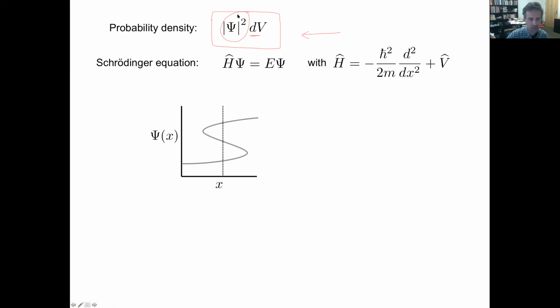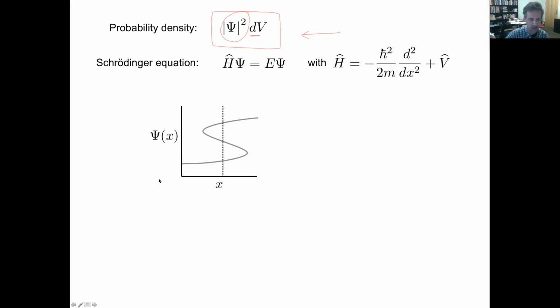So the first property is that if this really means probability, that means that you can only have one value for one particular location, because you cannot have a location in space and have two different probabilities. It makes no sense. That's unphysical. You can only have one probability for each point in space.